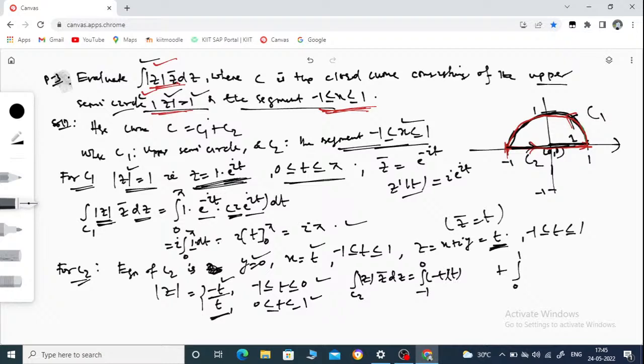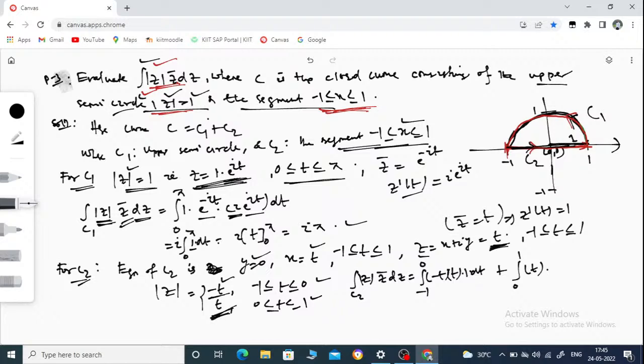Then dz means z dash t dt. If z is your t, then z dash t will be 1, so this is 1, then dt. Similarly here, mod z is equal to t in 0 to 1, and z bar is also t since z is t.